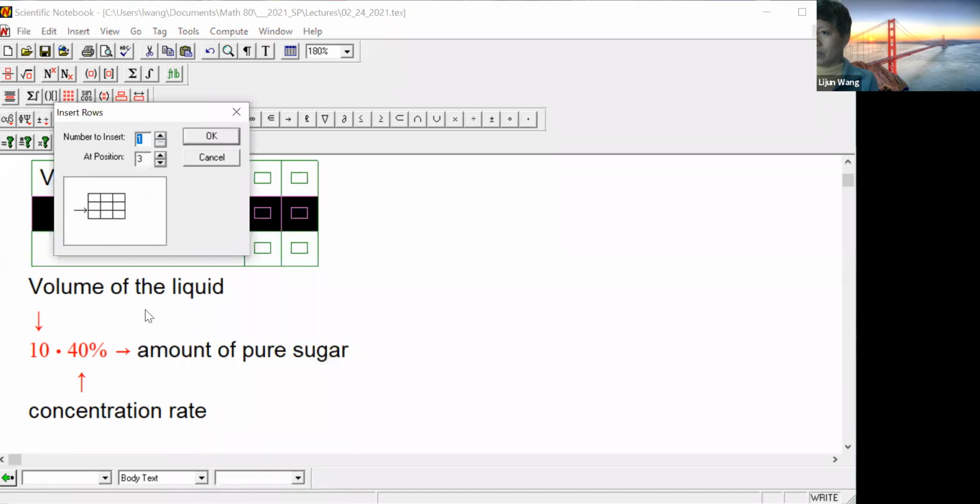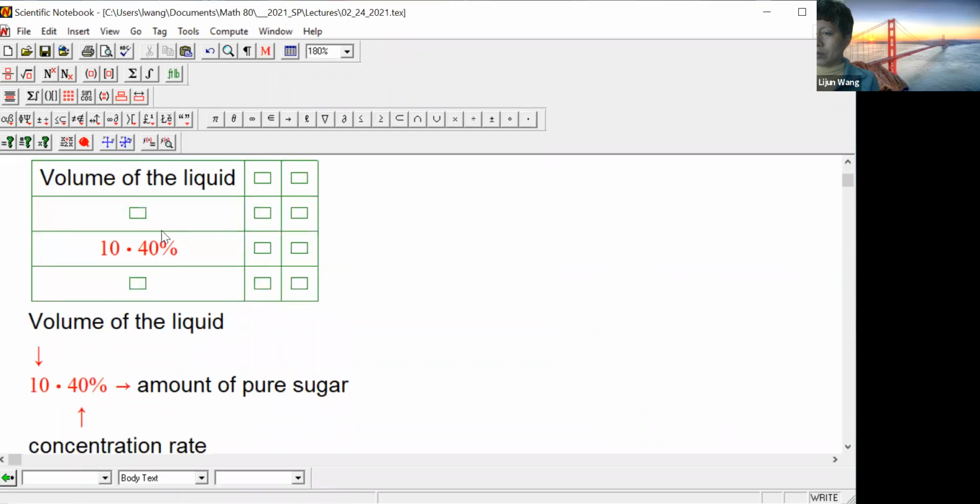I'm going to insert a row. Okay, the 10 is the volume. Oh, it doesn't move.